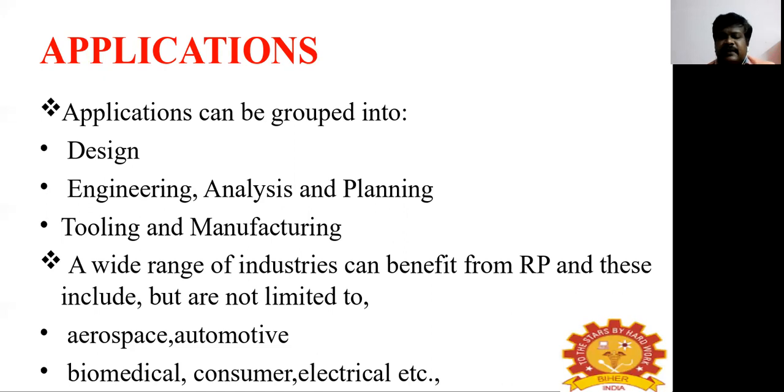So we have seen what is RP. We have discussed the introduction to RP, the various steps involved in RP, the five steps, the advantages and the disadvantages. Finally, we have seen the applications: in design, engineering and analysis, even in planning, tooling, which refers to rapid tooling, in the manufacturing industry.